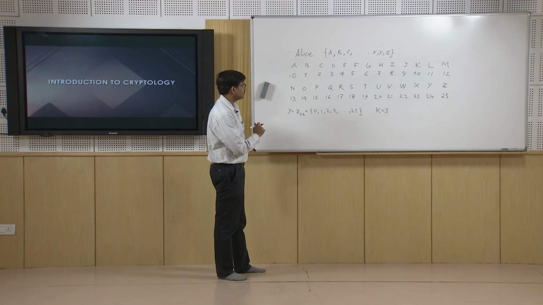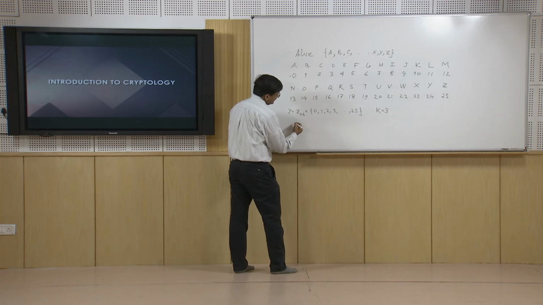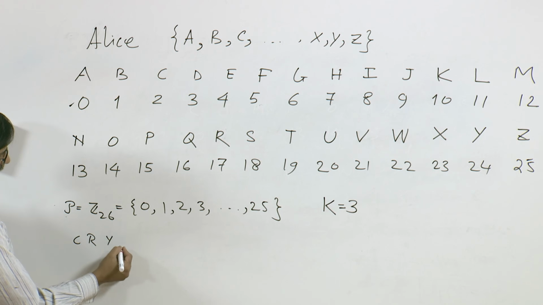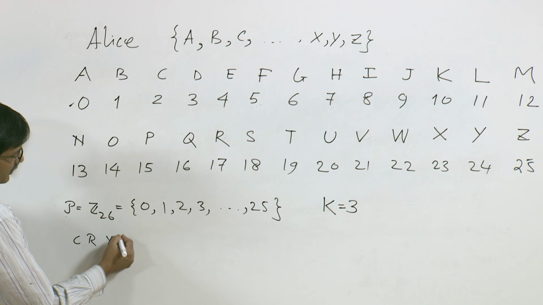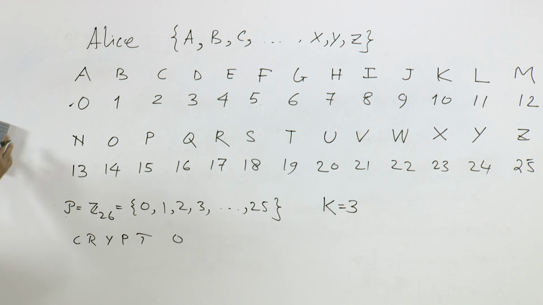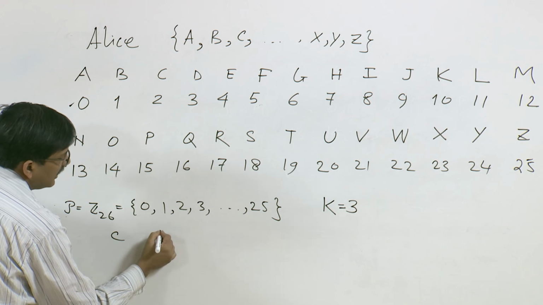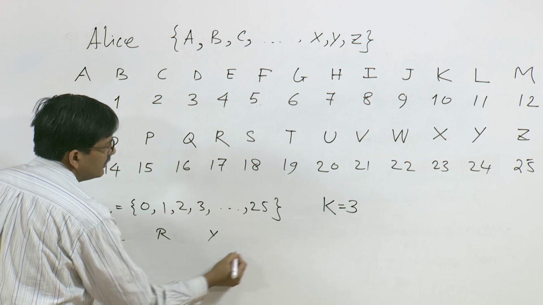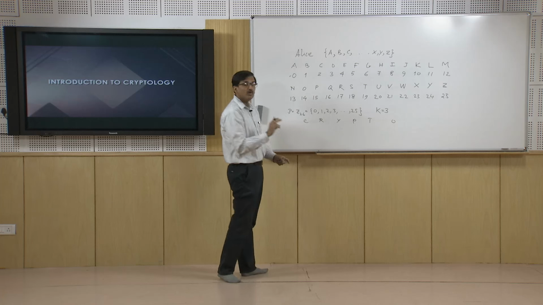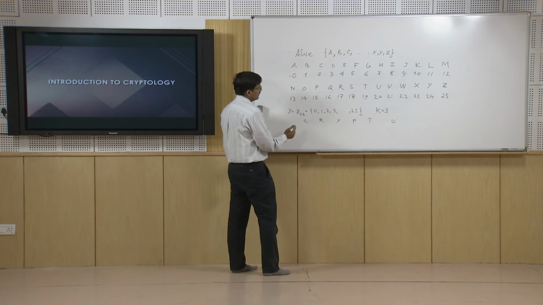Now, let us suppose that she wants to send the word crypto. So, she writes C R Y P T and O. She converts them to numbers.